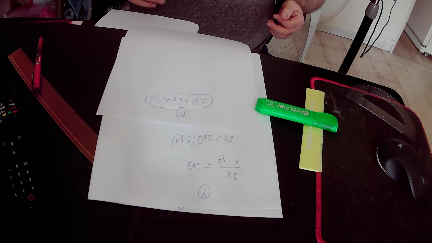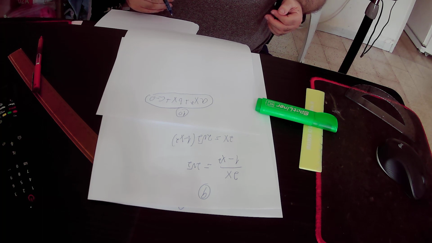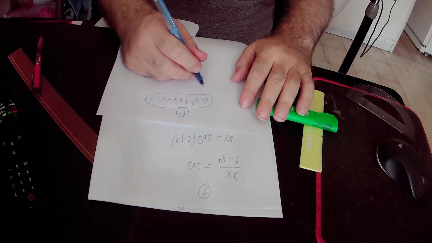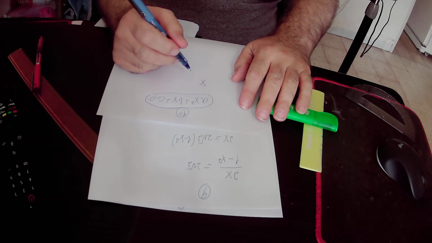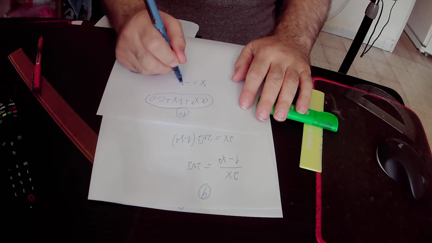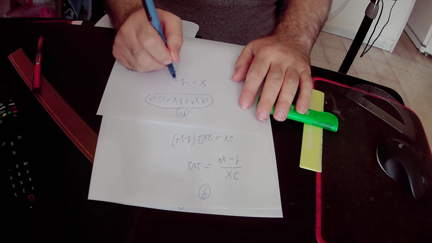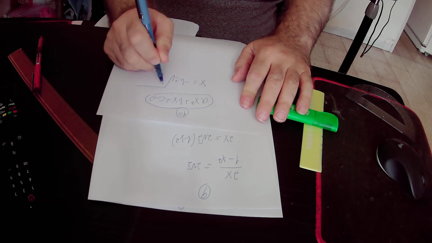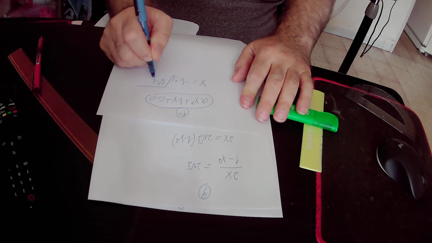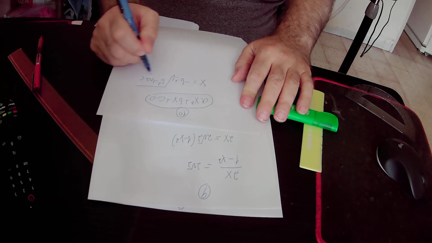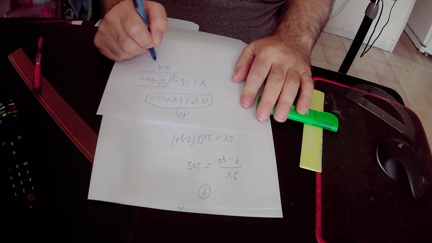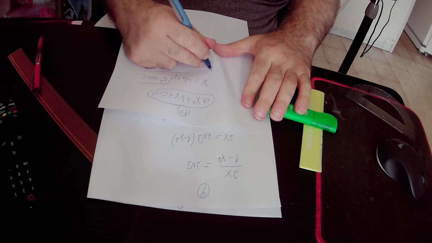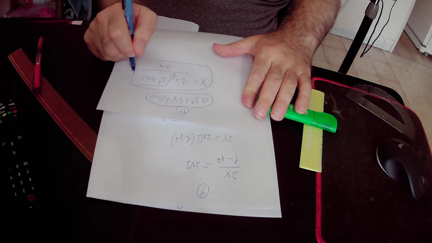And the solution of this quadratic equation is x equals minus b plus minus root of b squared minus 4 times a times c, over 2 times a. Okay, so that is the solution or solutions for the quadratic equation.